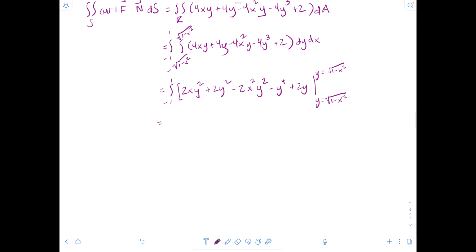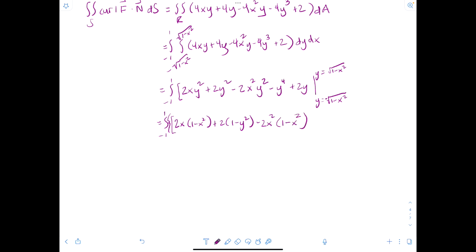And then we'll have the integral from negative 1 to 1 of 2 times x, y squared is just going to be 1 minus x squared, that quantity, plus 2 times 1 minus y squared, minus 2x squared times 1 minus x squared.